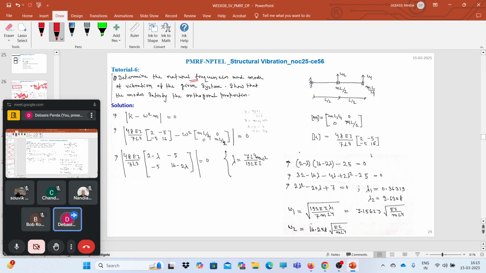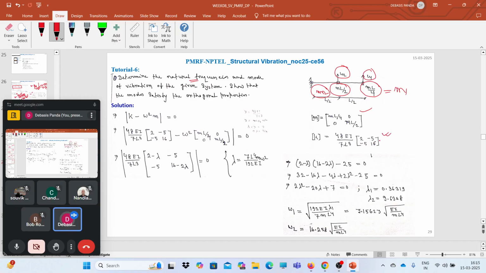So just go through this example. You will see it's a very similar, very easy example. For the first degree of freedom we have U1, and for the second degree of freedom we have U2. Corresponding to the first degree of freedom we have mass M1, and for the second we have mass M2. So the mass matrix will be ml by 4, 0, 0, ml by 2, because there are two masses, and the stiffness matrix is already provided.